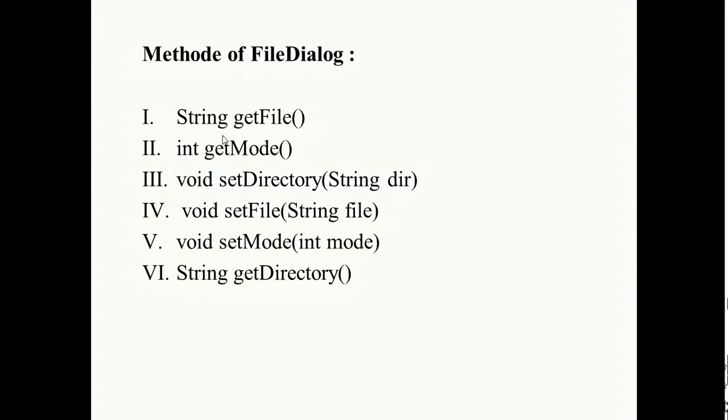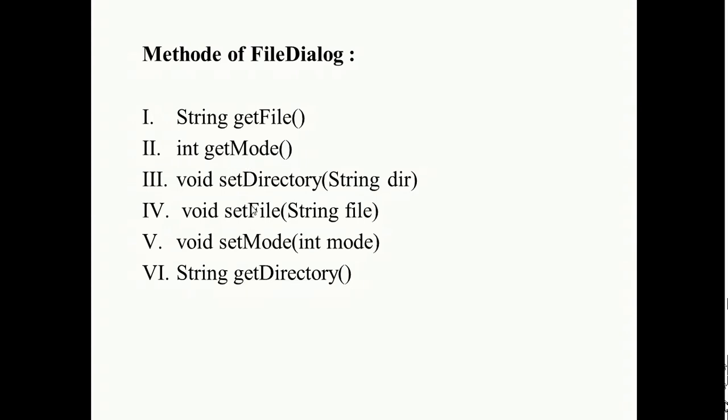The third method is void setDirectory. Parameter is string dir. So the setDirectory method sets the directory of this file dialog box to the specified directory. Means the setDirectory method sets the directory of the file dialog window to the specified directory.